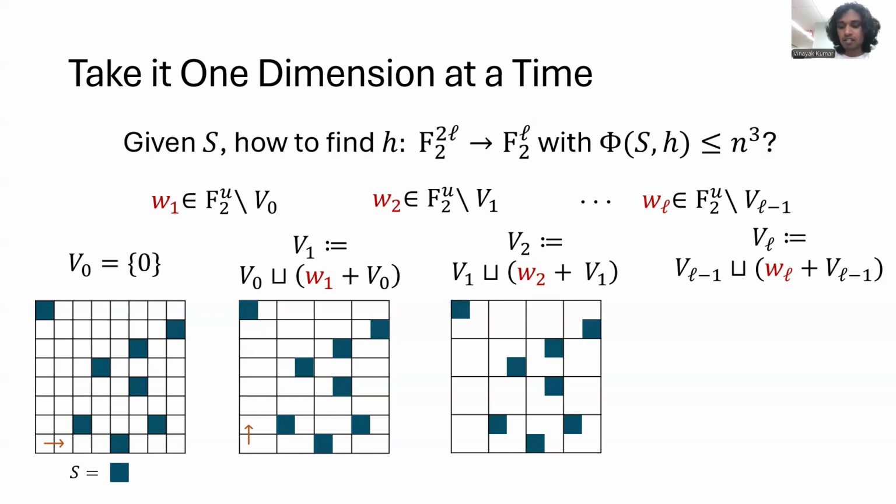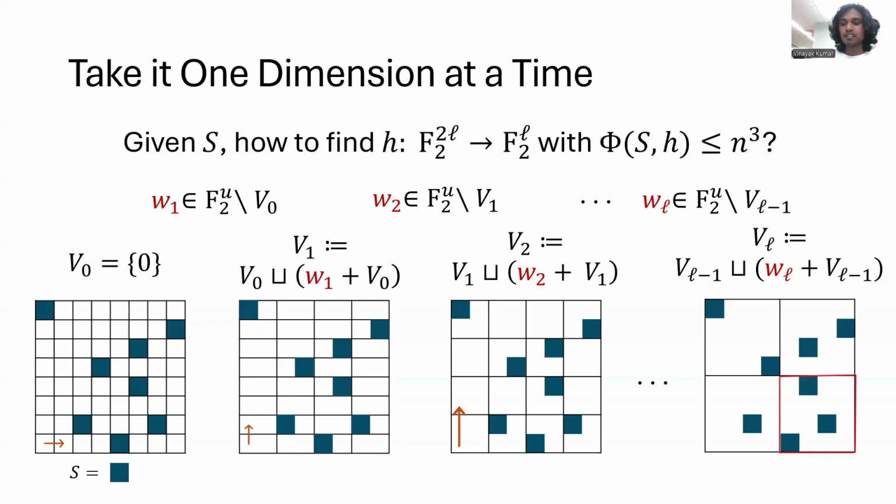And we do this so on and so forth until we finally get the hash, which is down here. And we're interested in how many balls are in the heaviest affine shift. Right. And then VL is going to be the final kernel subspace.